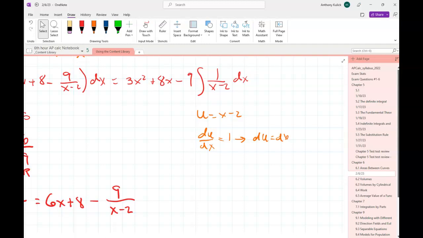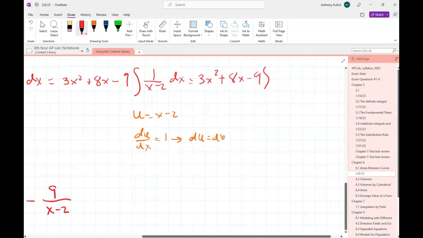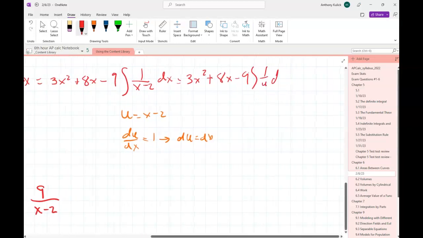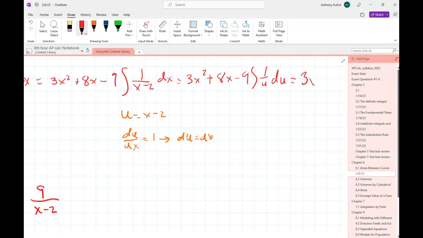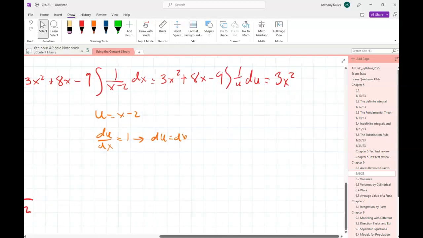Everybody's okay with what we did there? U sub, yes? So what is the antiderivative then for 1 over u? It's the natural log, that's right, of absolute value u. Very good.